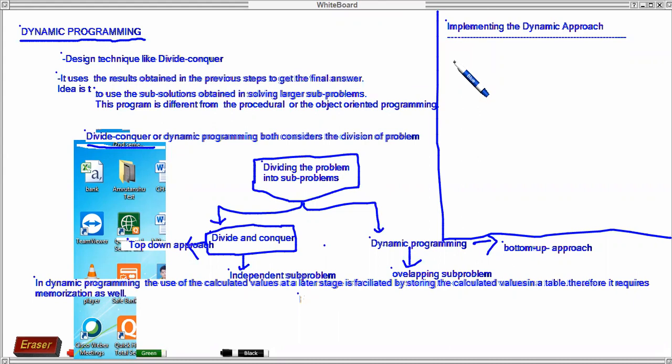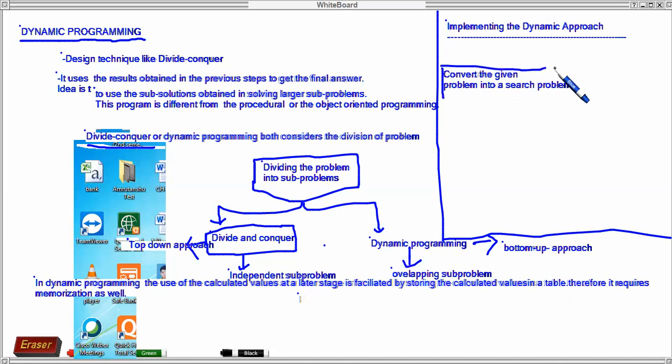So first, we can say here: convert the given problem into a search problem.